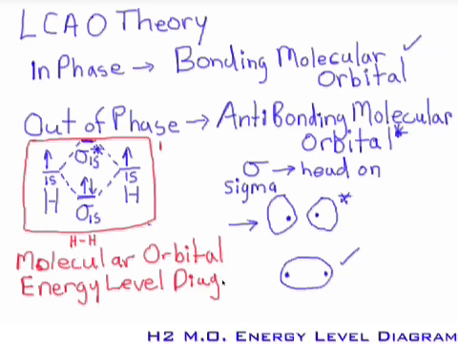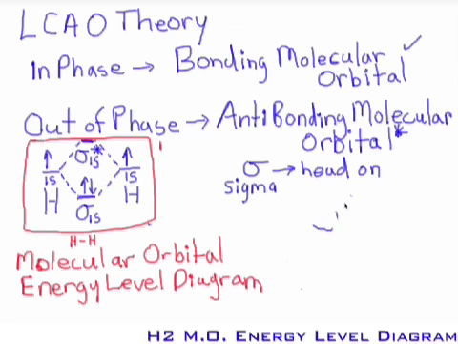Now this molecular orbital energy level diagram has similar information in it as a valence bond diagram or a Lewis structure. Let's draw the Lewis structure for H2 gas. Here it is, nothing complicated.